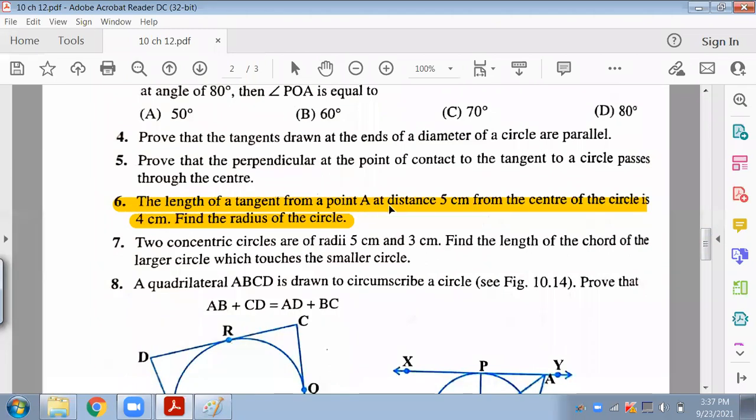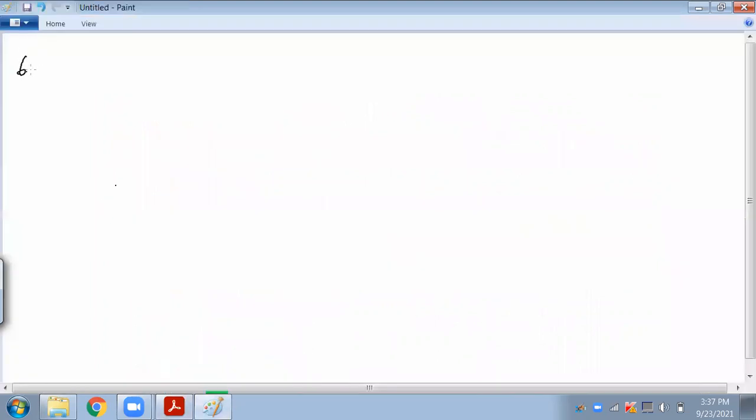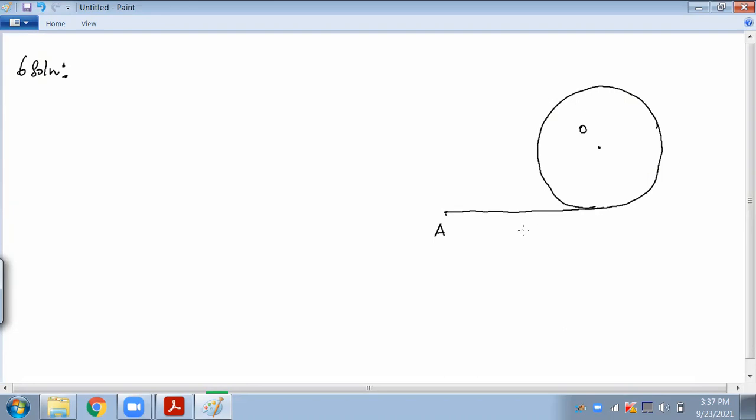The length of a tangent from a point A at a distance of 5 cm from the center of a circle is 4.